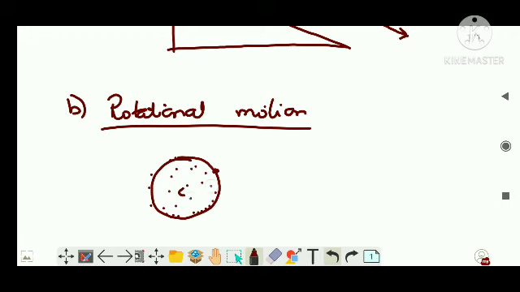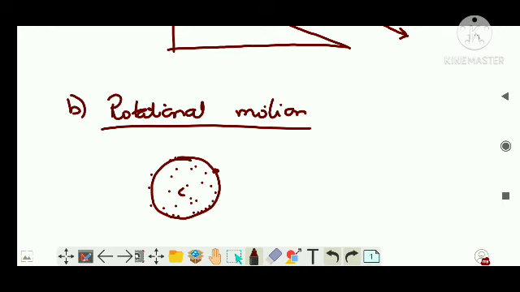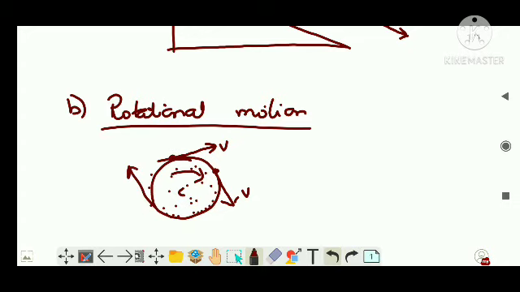There are many particles over here. Let us consider this particle. I'm going to rotate it in this direction. So this particle will have velocity in this direction, whereas this particle will have velocity in this direction. Then another particle will have velocity in this direction.